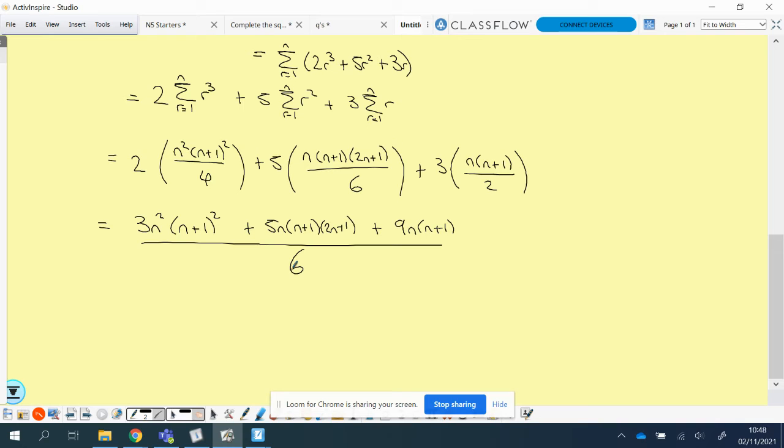Okay, so if I combine each fraction algebraically, I've now got that far there.